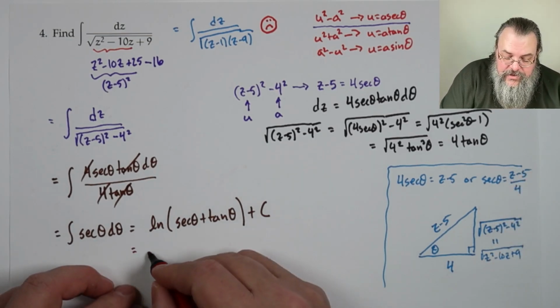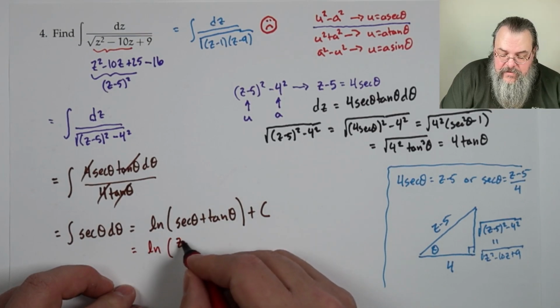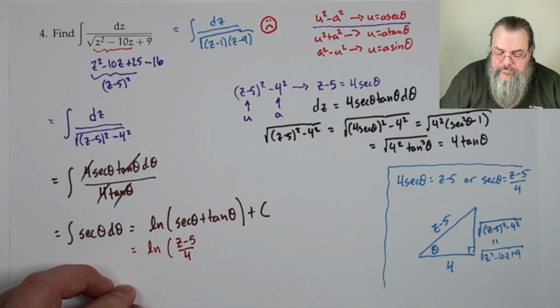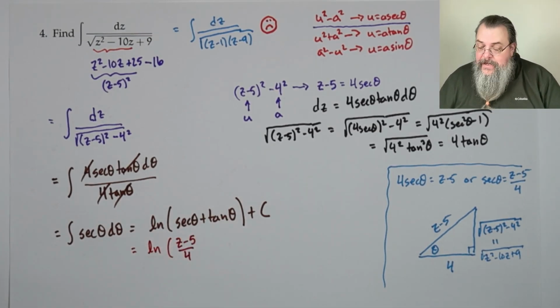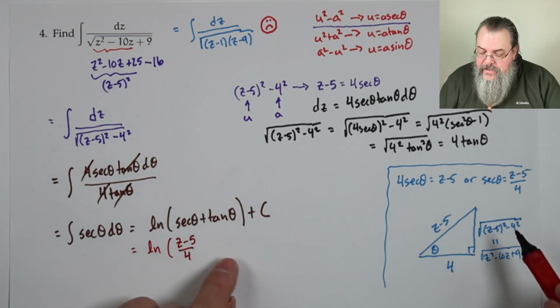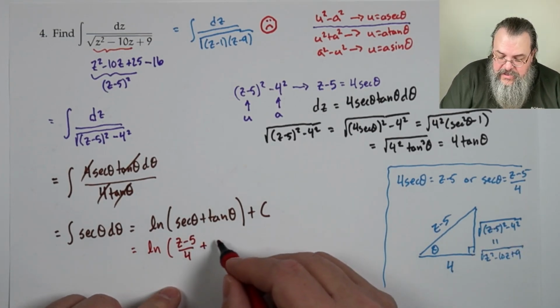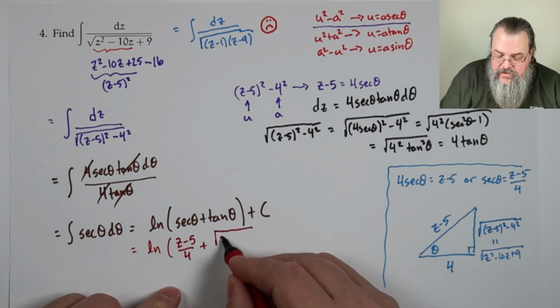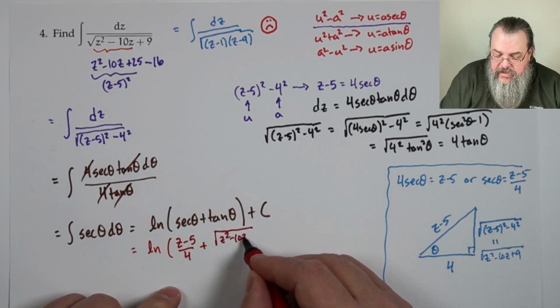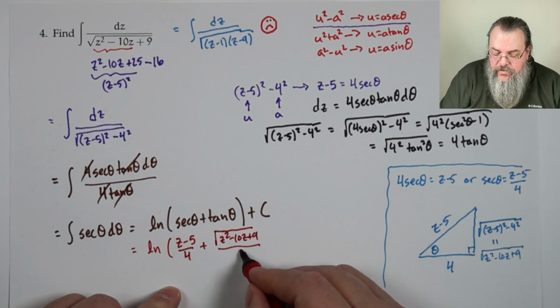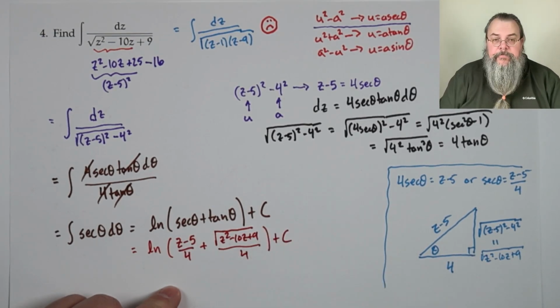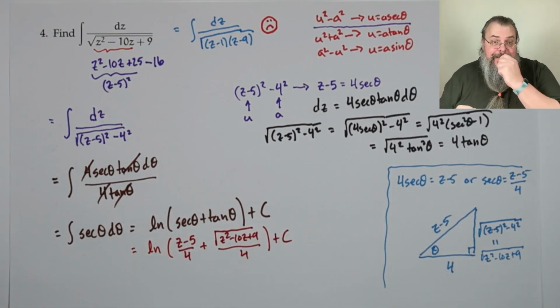So this is natural log of z minus 5 over 4. And tangent theta is opposite over adjacent. So plus square root z squared minus 10z plus 9 over 4 plus c. And that is a correct answer.